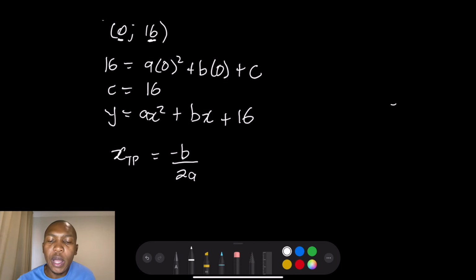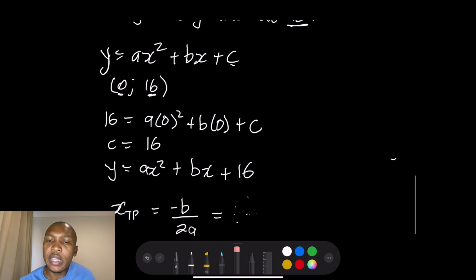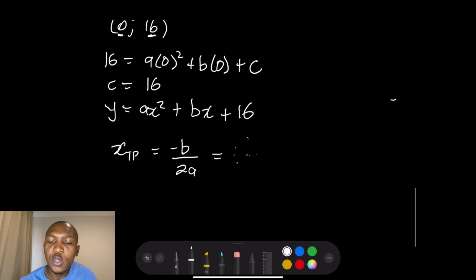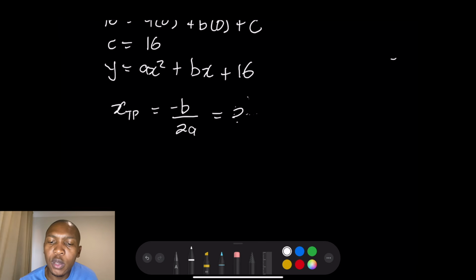What I'm trying to show you is, remember, what is our x at the turning point? They told me the x value of the turning point is 3. So the x value of the turning point is that value over there, meaning minus b over 2a should be equal to 3.